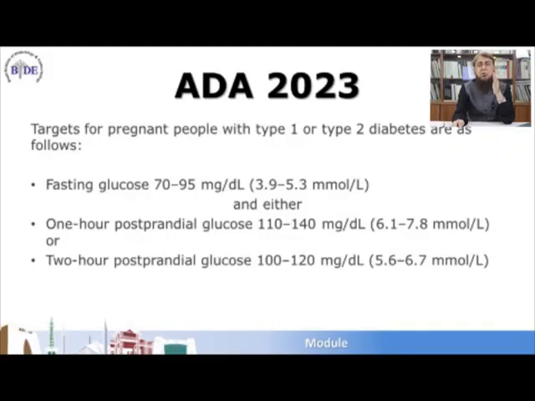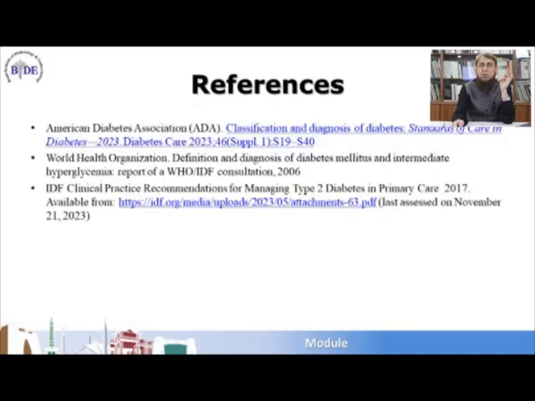The targets for gestational diabetes are also stricter and tighter, where the fasting blood glucose level should be less than 95 milligrams per deciliter, and at 2 hours should be less than 120 milligrams per deciliter. So these are the references from where you can read the guidelines further.